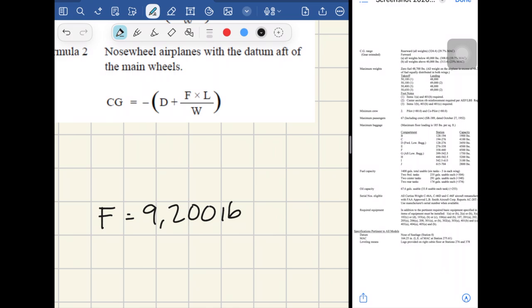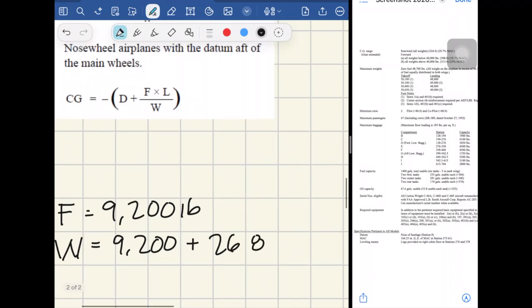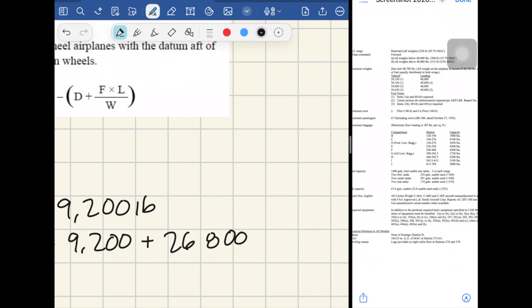We put that in the weight: the weight of the nose gear plus the scale reading of the main landing gear, which is 26,800 pounds.